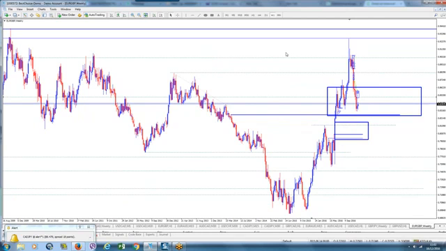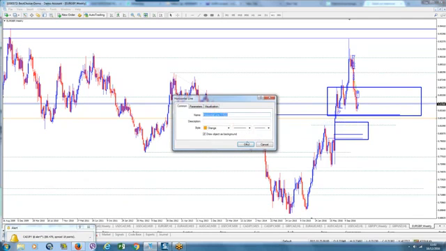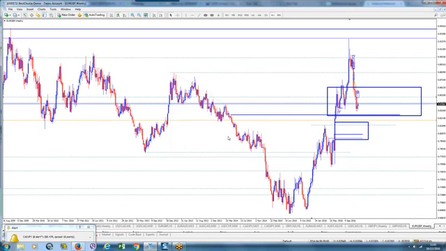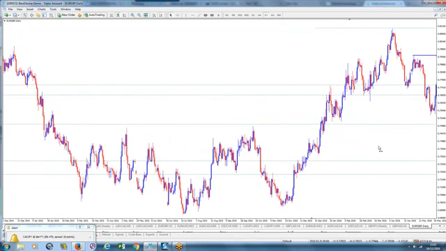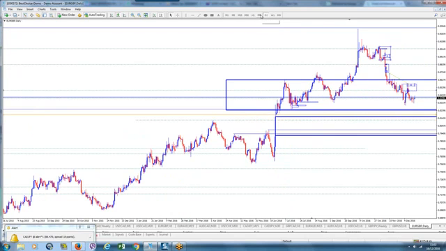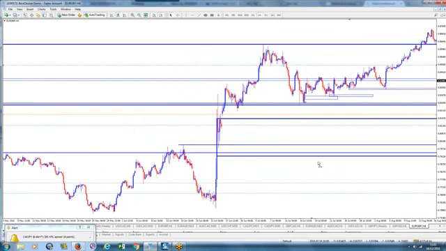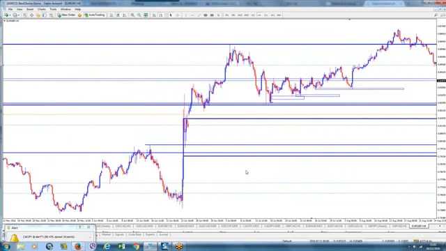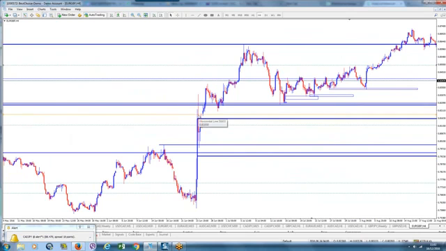So, okay, if you draw a line at 8186, so this shows you how monthly levels can be just a few pips wide. Actually, this one's pretty enormous, really.